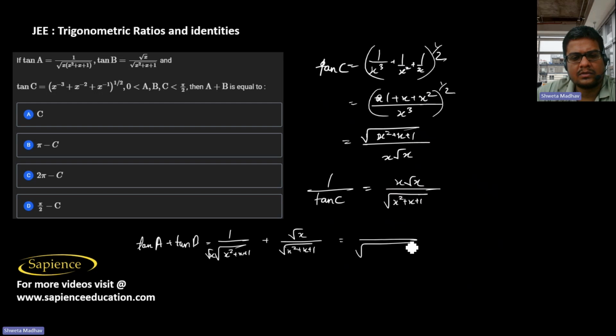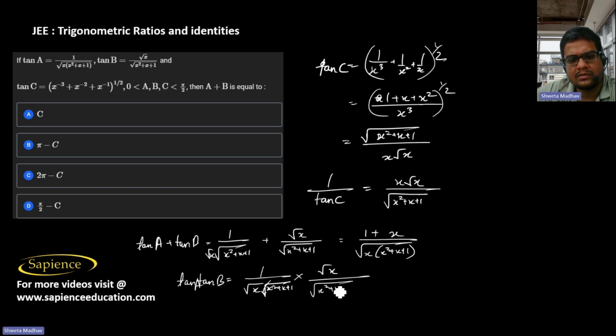So this will be root over x into (x square plus x plus 1) is the LCM. Here we will get 1 and here we will get x. And tan A tan B will be equal to 1 by root over x into root over (x square plus x plus 1) into root x by root over (x square plus x plus 1).